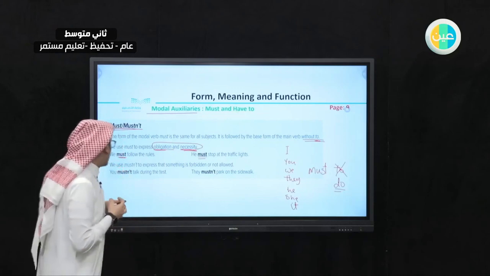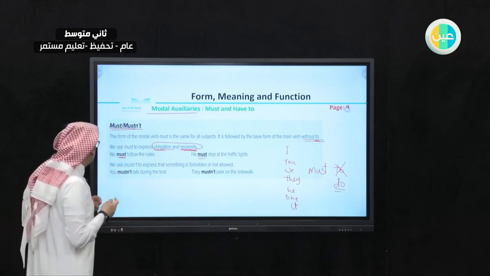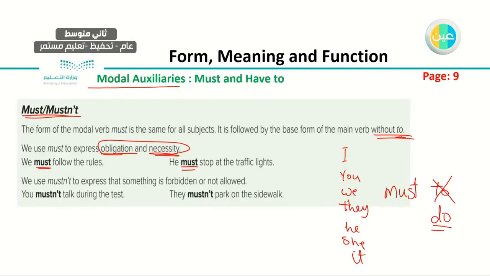Mustn't. We use mustn't to express that something is forbidden or not allowed. You can't do this thing at all. No choice. So you mustn't talk during the test. You don't have a choice to talk or to ask a question. So mustn't here prevents talking.